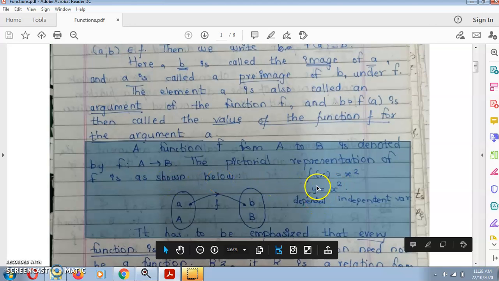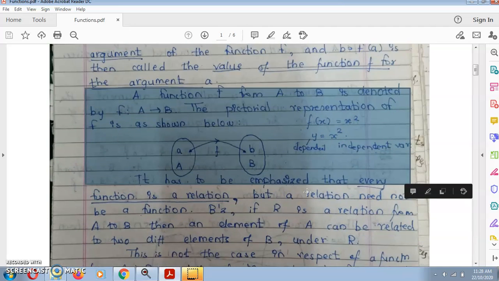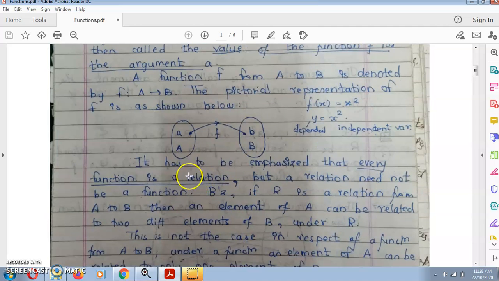Whenever we write f of x is equal to x square, some value of x will give a different value for y. So y is equal to x square means if you put some value for x, that will have an impact on y. Whenever you change the value of x, there will be a change in the value of y. That is what is conveyed here.